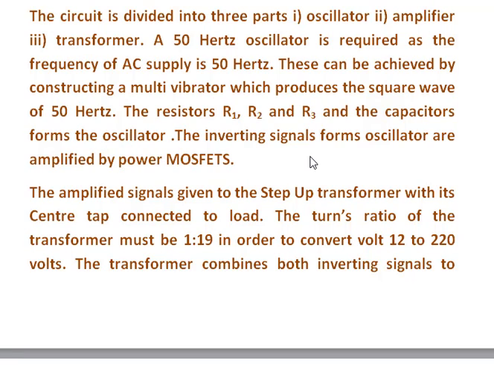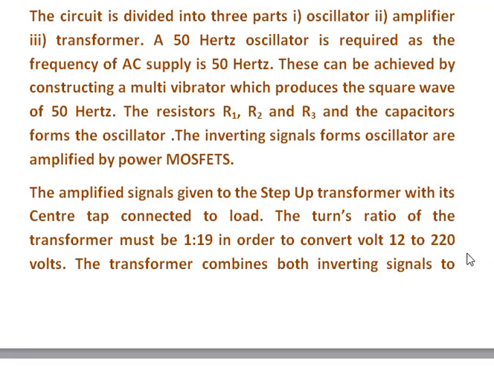The inverting signals from the oscillator are amplified by the MOSFETs, metal oxide semiconductor field effect transistors. These amplified signals are given to the step-up transformer, with its center tap connected to the load. The turns ratio of the transformer must be 1:19 to get 220 volts AC.